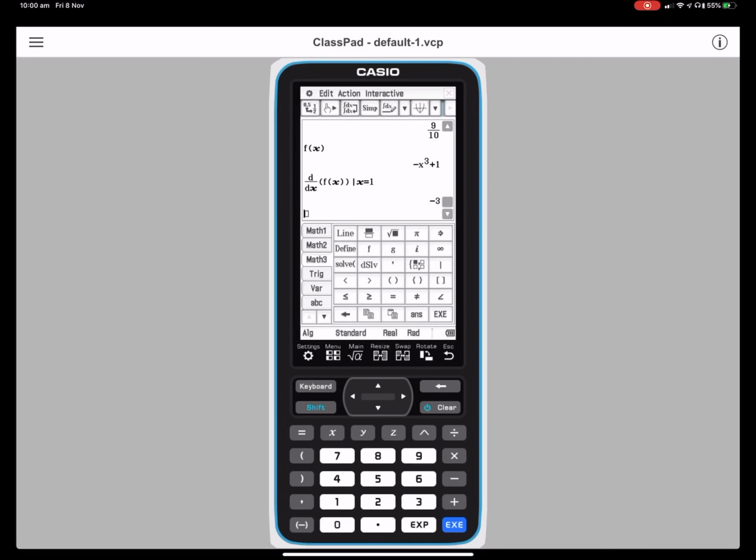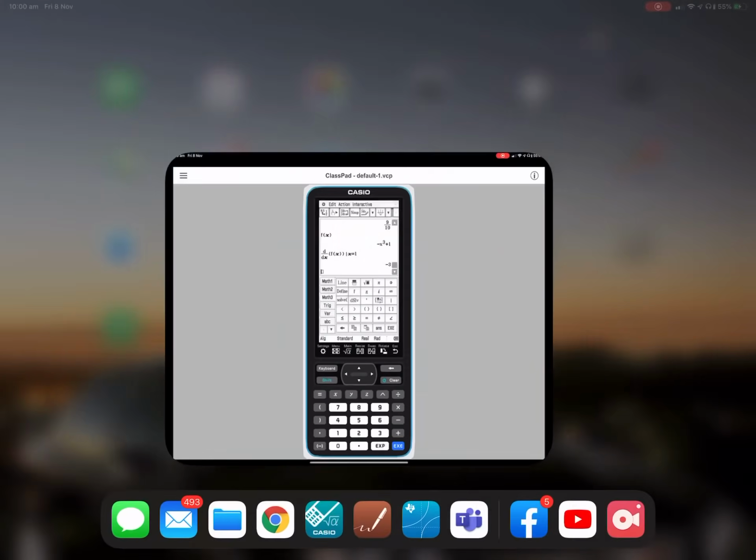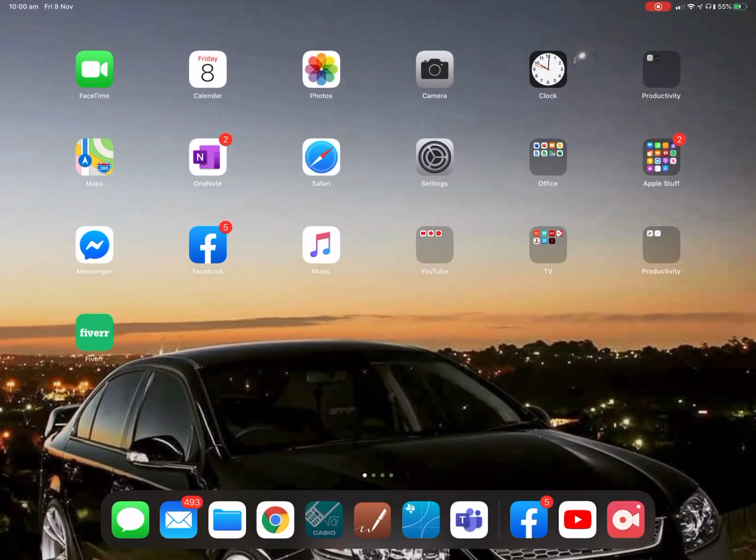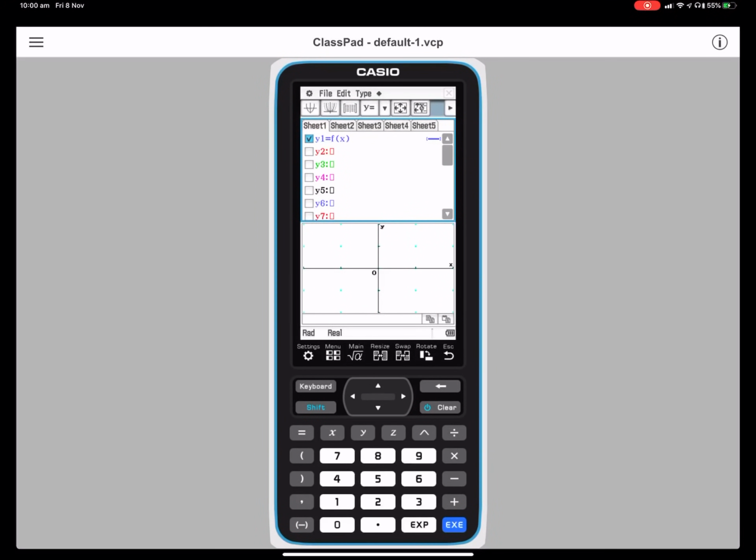We know f dash of 1 is negative 3. So we've got that gradient's -3.